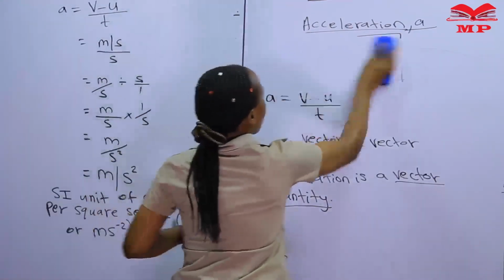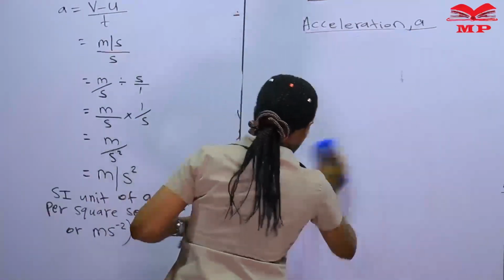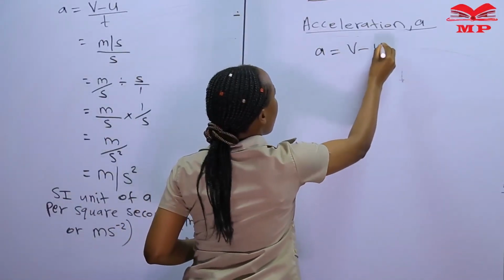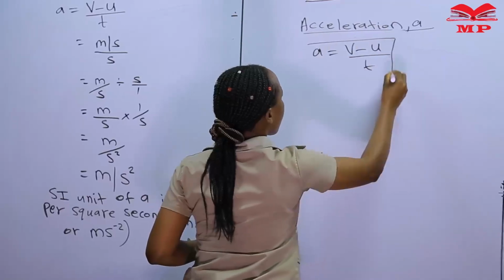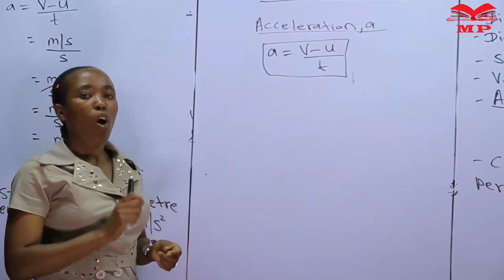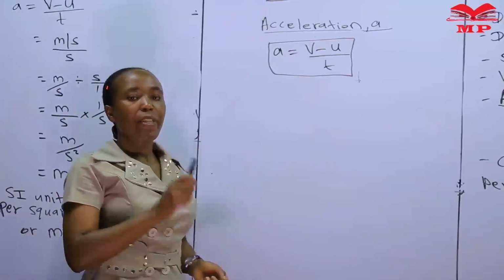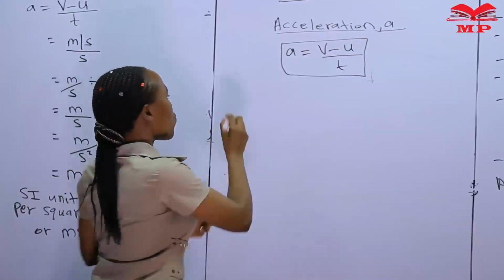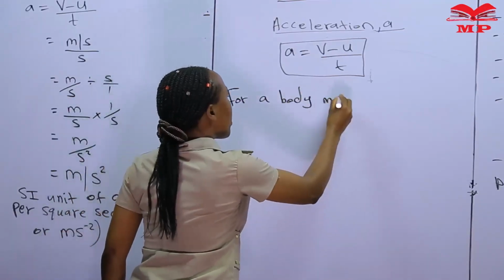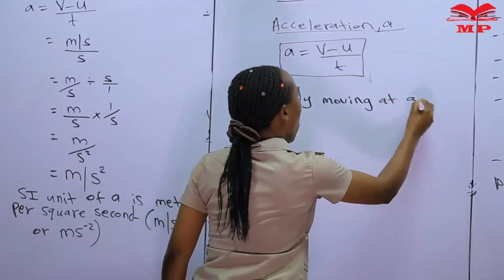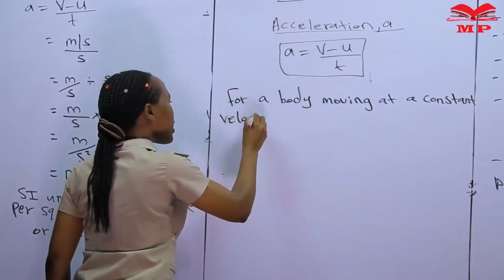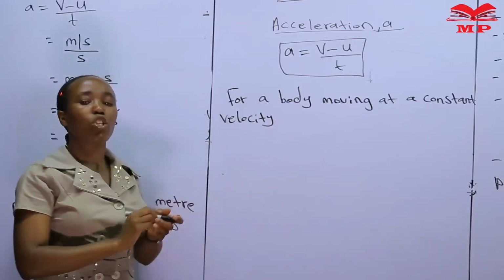Now, again with acceleration, let's have the formula here still. Acceleration, we've said, is the rate of change of velocity. Now, if we have a body moving with a constant velocity, that means that the velocity is not changing.